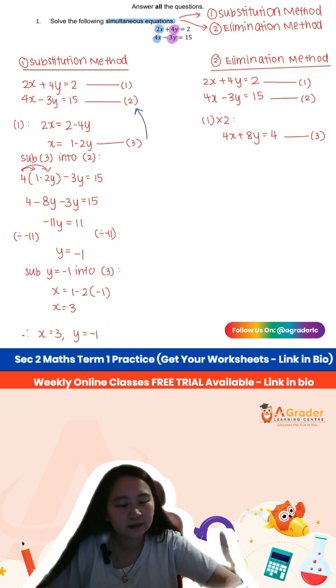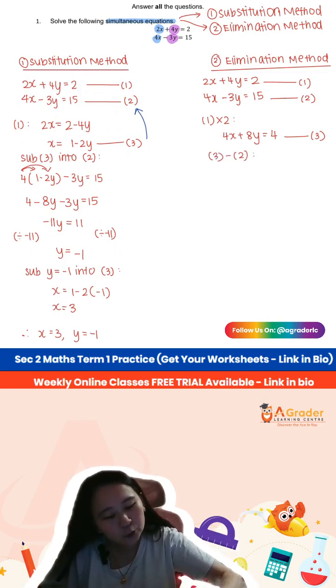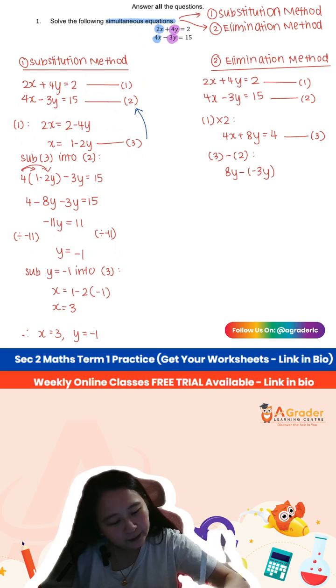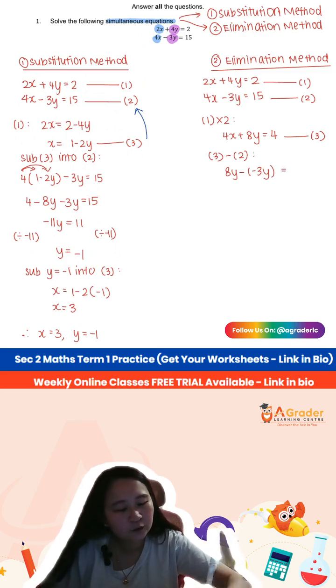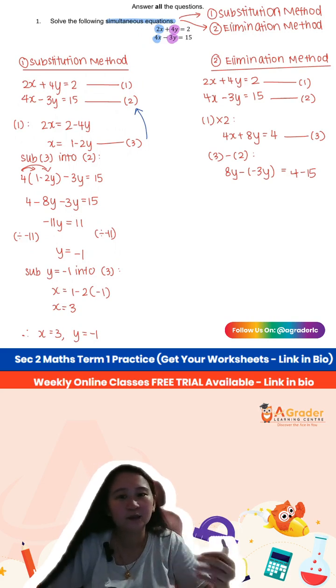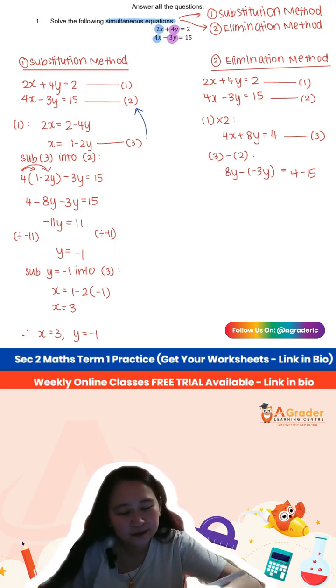You can see that you can either take equation 3 minus equation 2 or equation 2 minus equation 3. If you want your equation to have positive coefficient of y, then you take equation 3 minus equation 2 such that 8y minus negative 3y will be positive, is equals to 4 minus 15. Okay, you can see that there's no x here because 4x minus 4x is 0.